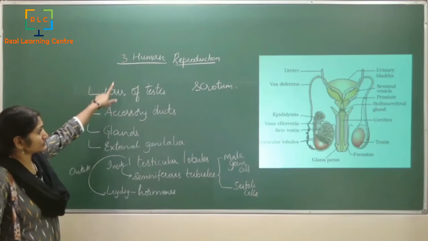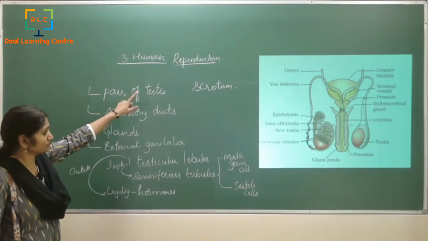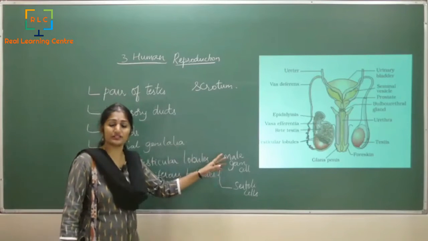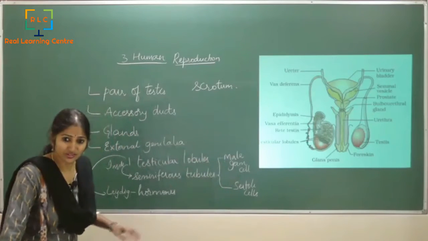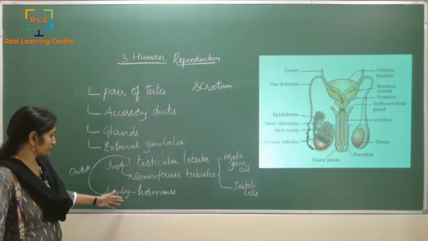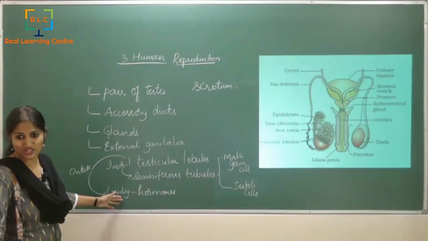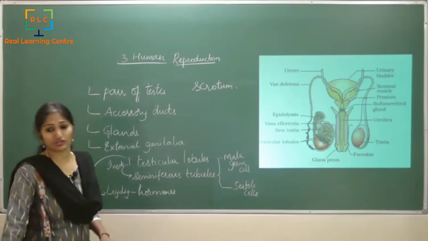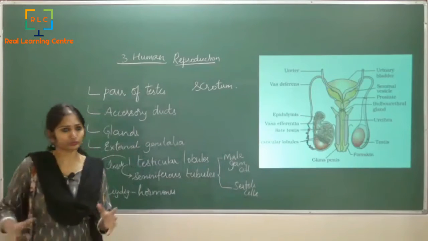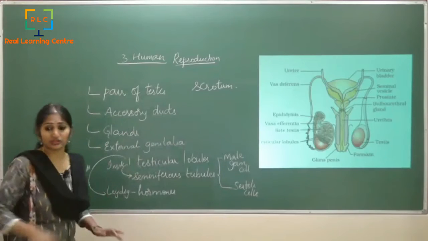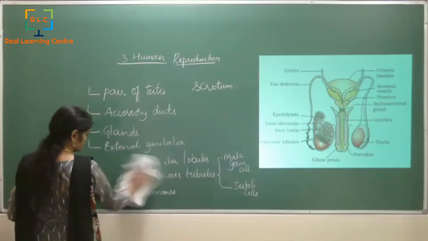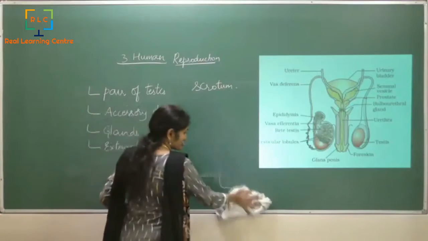The testis is inside the scrotum, and has testicular lobules which have two types of cells, the male germ cell and the Sertoli cells. Outside the seminiferous tubules, you have the Leydig cells or the interstitial cells, and they secrete hormones, right? Along with that, there are many other important cells which protect the testis in the interstitial region, right?